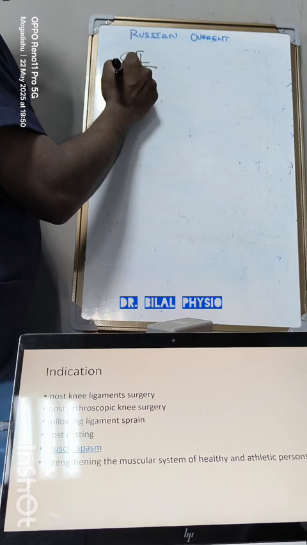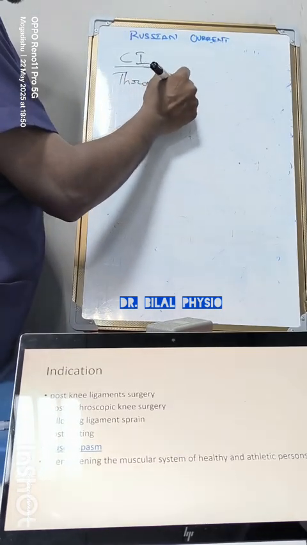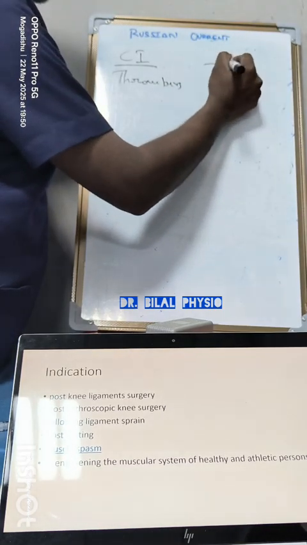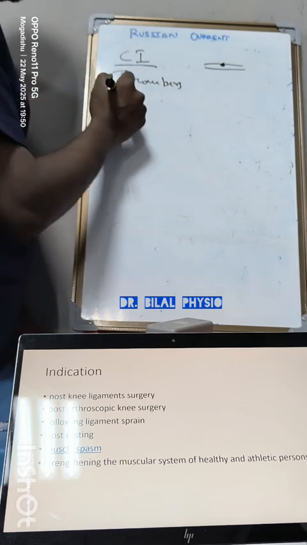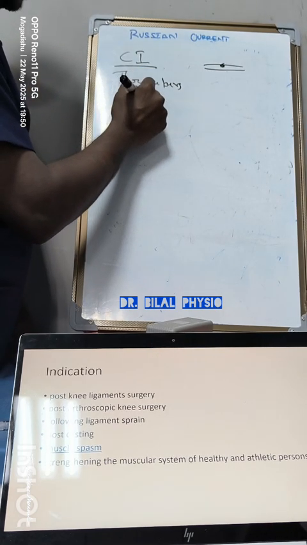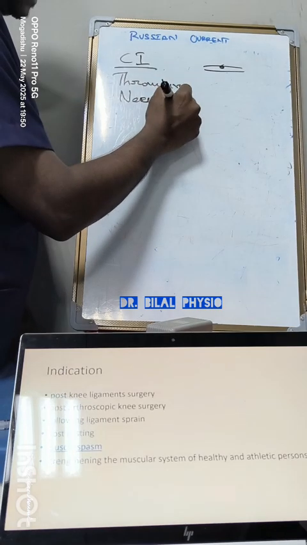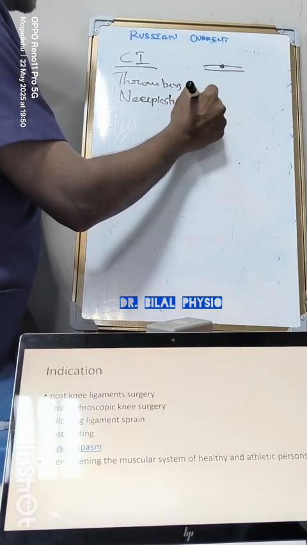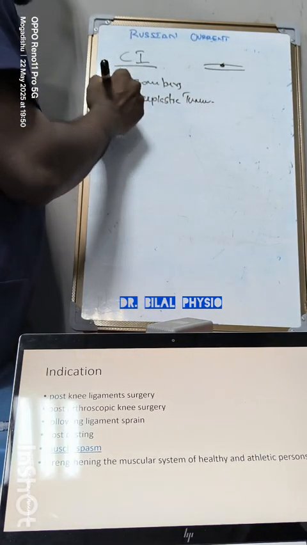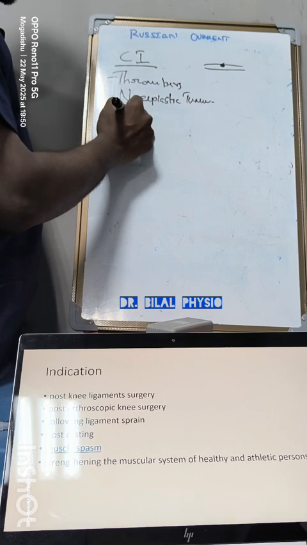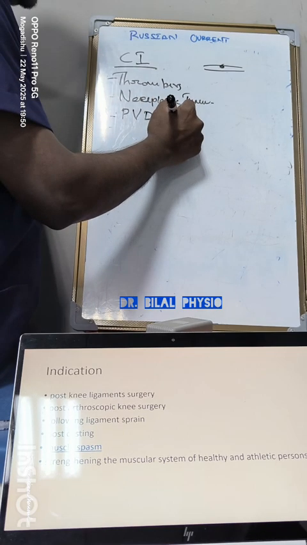So in case of any thrombus formation in the blood vessels, or in case of any neoplastic tumors, and in case of any peripheral vascular disorder where the sensation is very less.